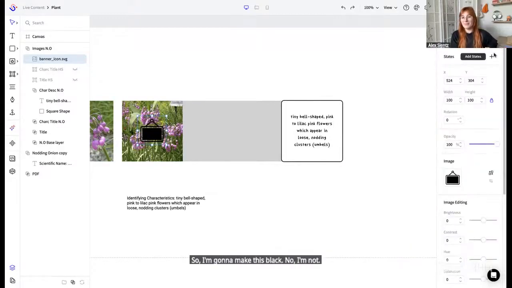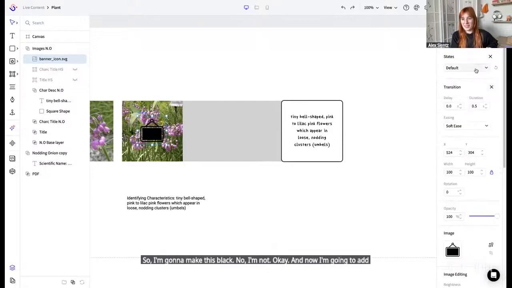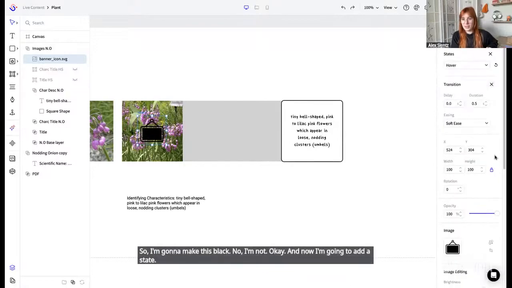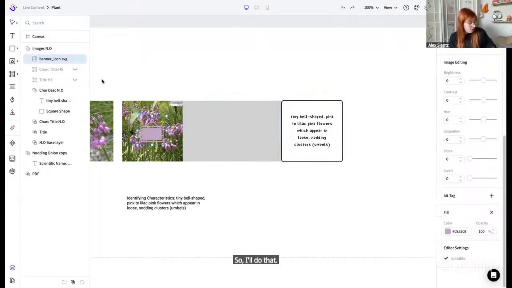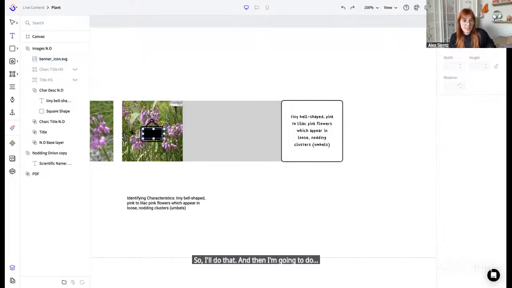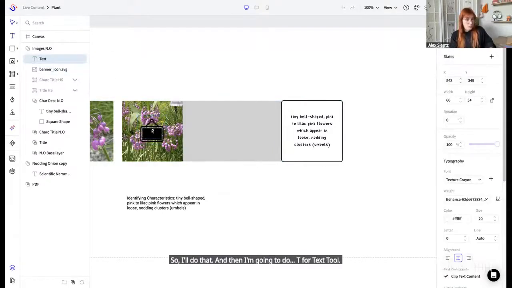Okay. And now I'm going to add a state. I'm going to add a hover state to it. And then I already have this purple color that I picked, so I'll do that. And then I'm going to do T for text tool. I'm going to do reset. And this is the one case where having that text in white is helpful.